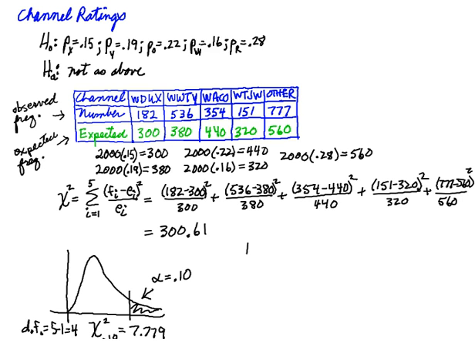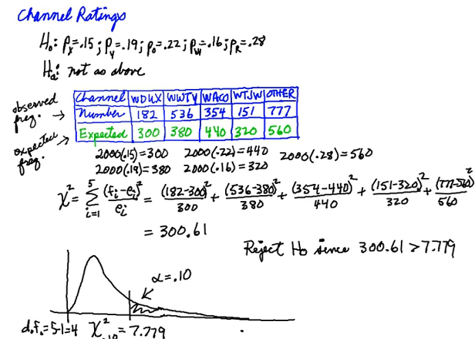So I'm going to reject H sub 0 since 300.61 is greater than 7.779.